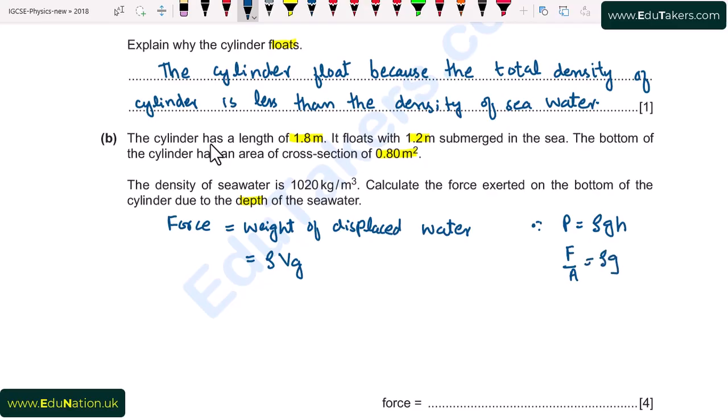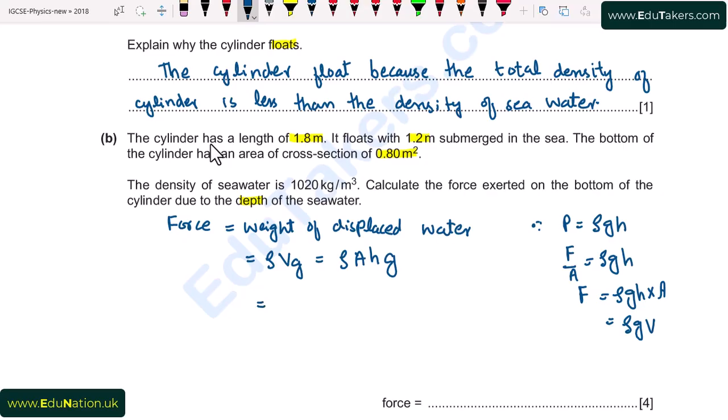So force will be equal to rho g h multiplied by area, and height and area combine to give volume. Or we can see here that force will be equal to rho A h g. g is acceleration due to gravity.